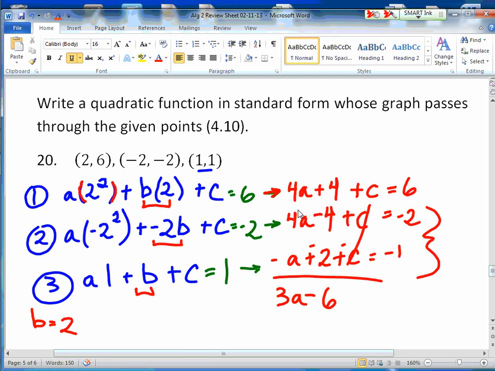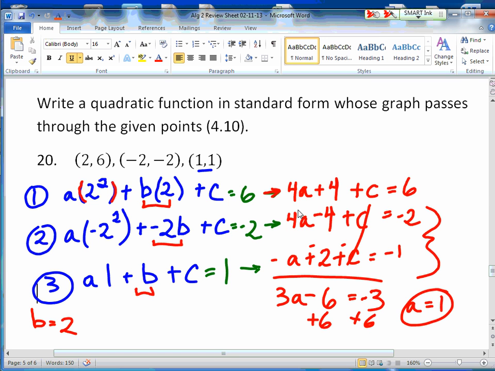Your c's cancel, which is what we wanted, and that equals -3. Then we're just going to combine like terms to get a alone. So plus 6 on each side. Then we get 3a equals 3, which means a equals 1.